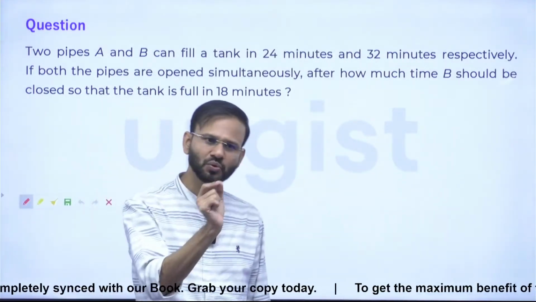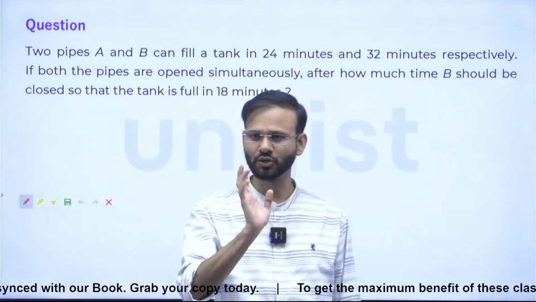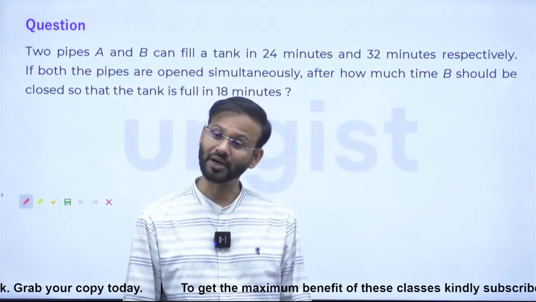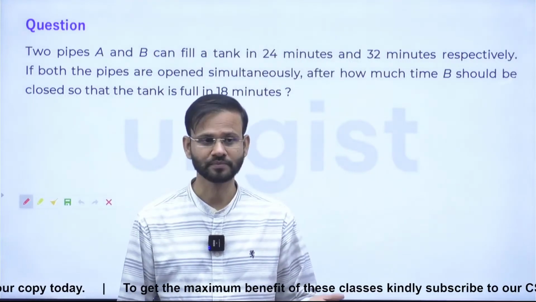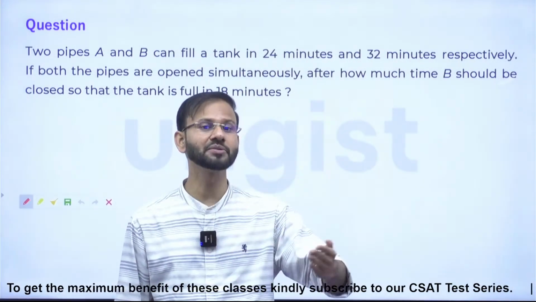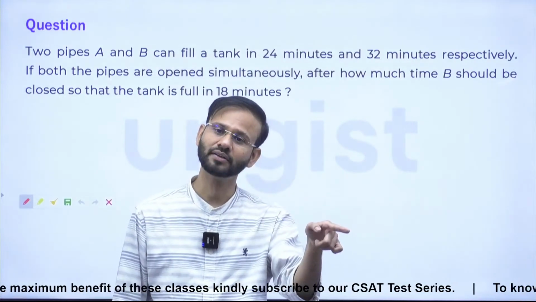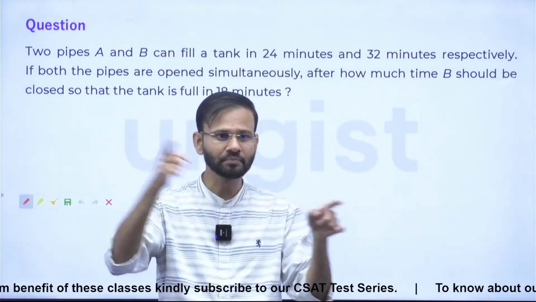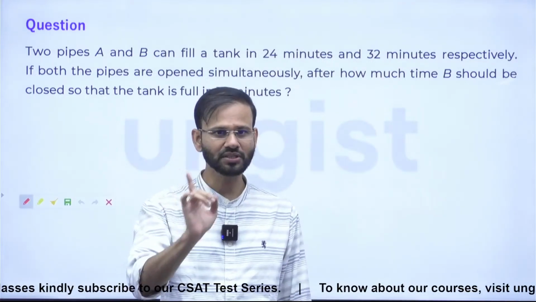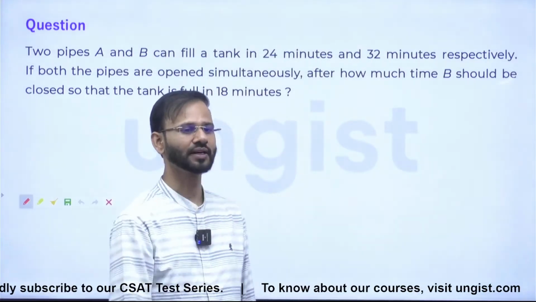Tap B was closed after some time. Just listen to me carefully, right? Tap B was closed after some time. That is okay. But what about A? A was continuously working from starting to end. And what is the total time? 18 minutes. So A was continuously working for 18 minutes. Correct?